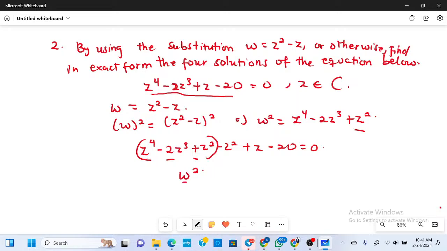So we are left with this last expression here. And you know that W is equal to Z squared minus Z. So we have to find a way to place our W also here.